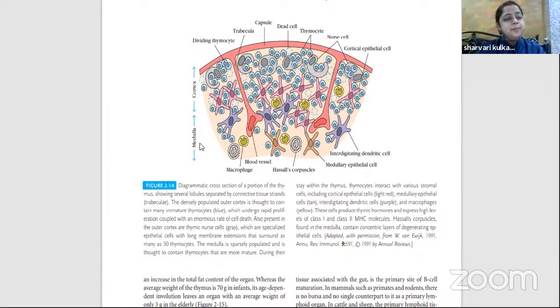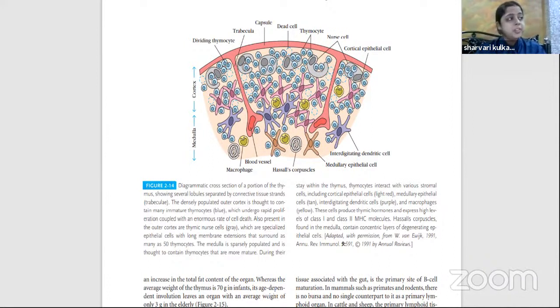Now there are two major regions, cortex and medulla. The densely populated cortex has cells known as thymocytes, immature T cells, which undergo rapid proliferation. Also here you can see these gray cells, these are nurse cells.